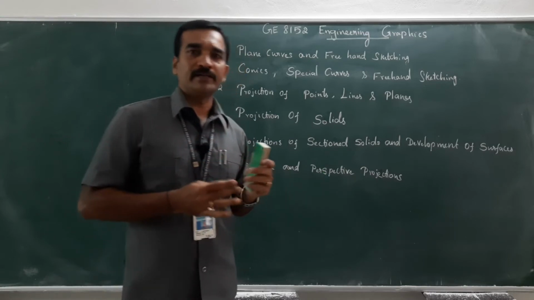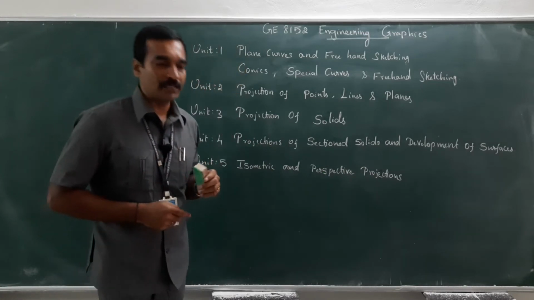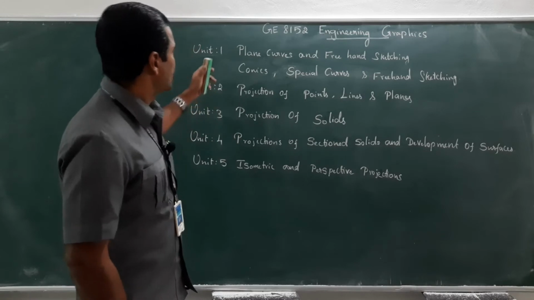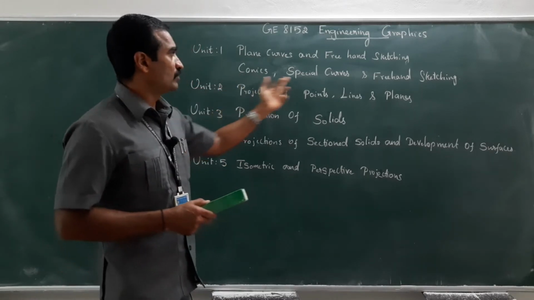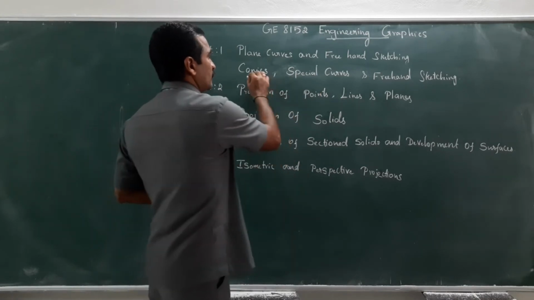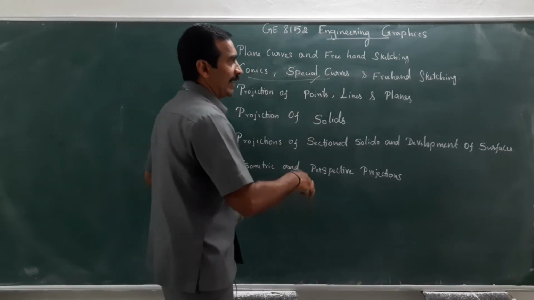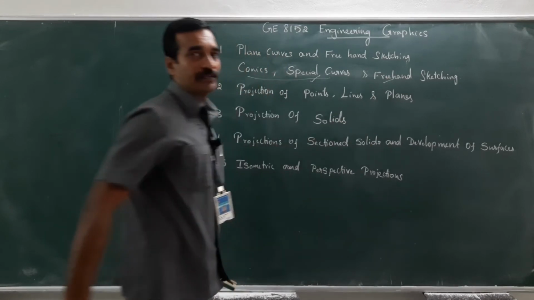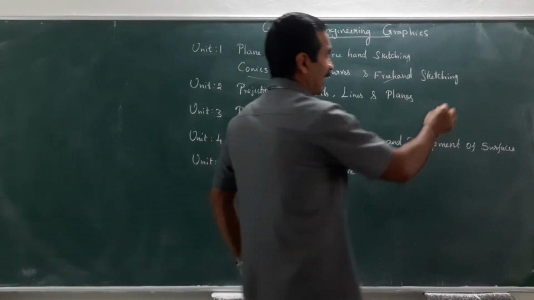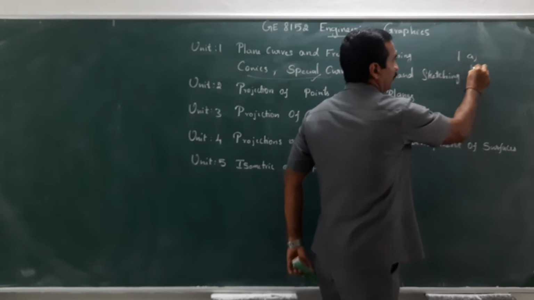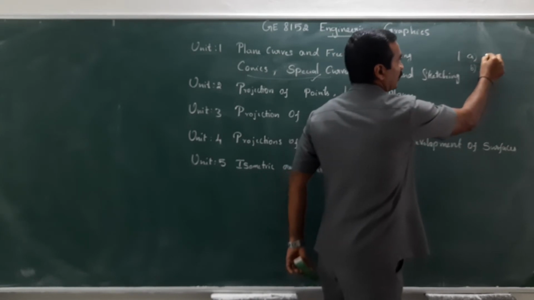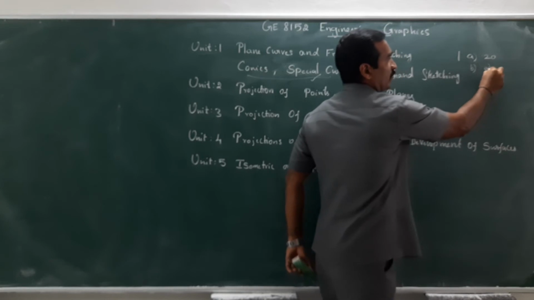Now the Anna University question pattern, how it would be. From unit 1, 2 questions would be asked, one from curves and the other, as an either choice, from freehand sketching. Each, A and B, will carry 20 marks.